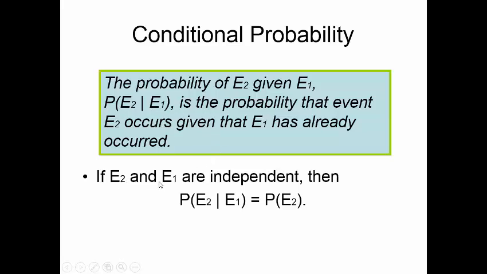So if E2 and E1 are independent, then the conditional probability of E2 given E1 is just the probability of E2. That means the probability does not depend upon the event E1 having occurred. If the probability of E2 is conditioned on E1 occurring, then the events are not independent.